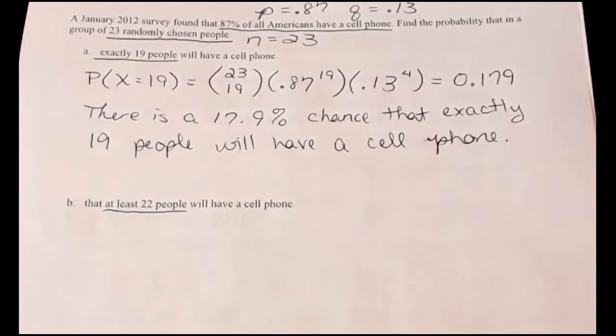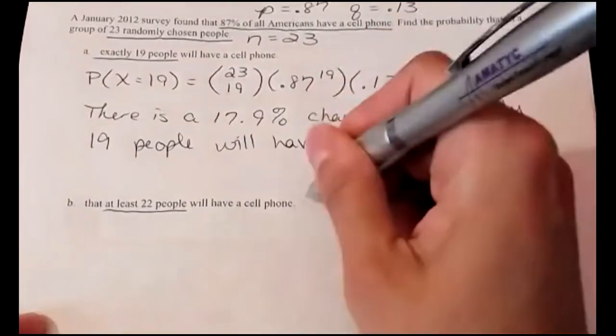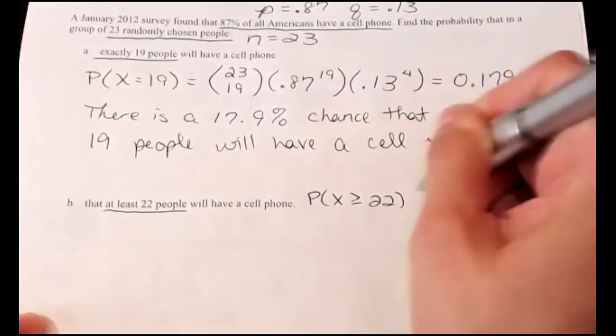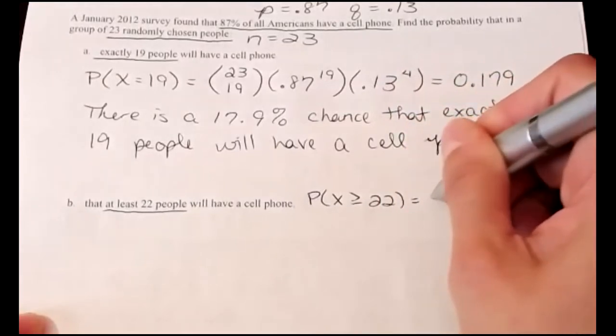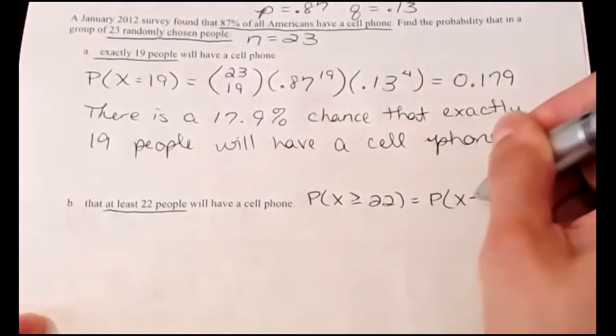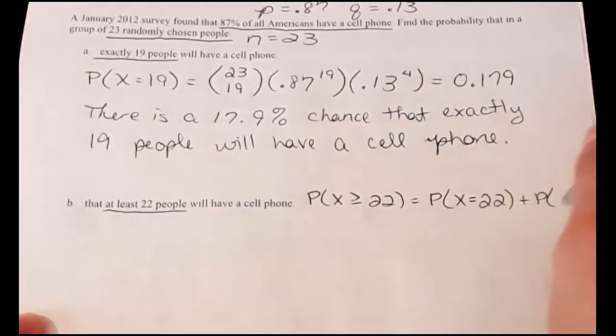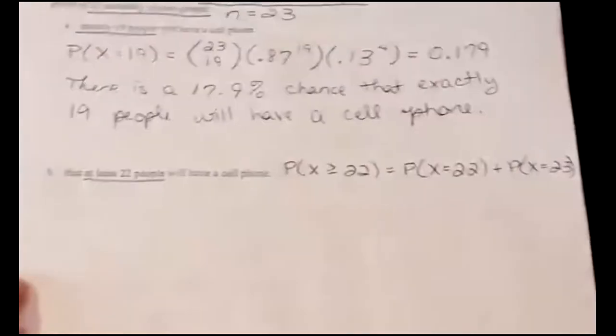What does that mean? X will be greater than or equal to 22. Yes. So essentially, we want to find the probability that X is greater than or equal to 22, which implies we have to find the probability when our random variable is 22, we find the probability when our random variable is 23, and we add those two together.